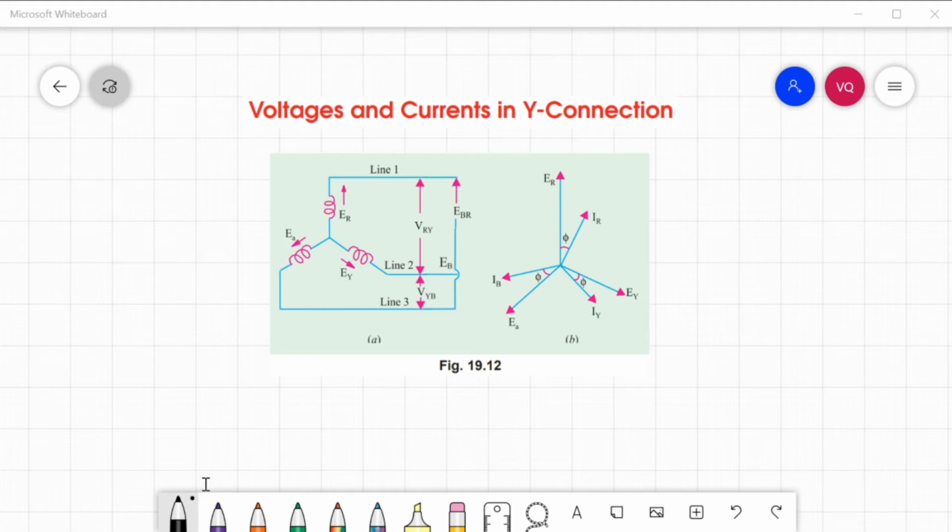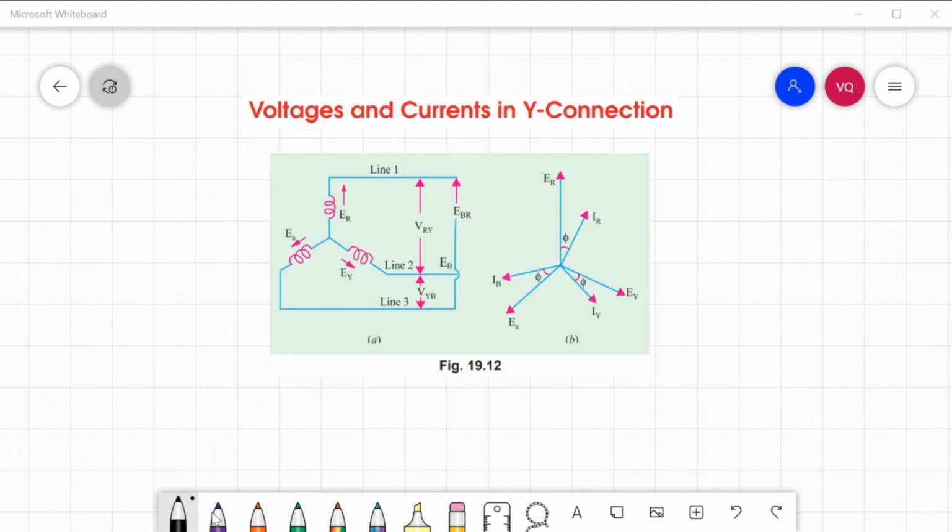Obviously, the instantaneous value of the potential drop between any two terminals is the arithmetic difference of the two phase EMFs concerned. However, the RMS value of this potential drop is given by the vector difference of the two phase EMFs.